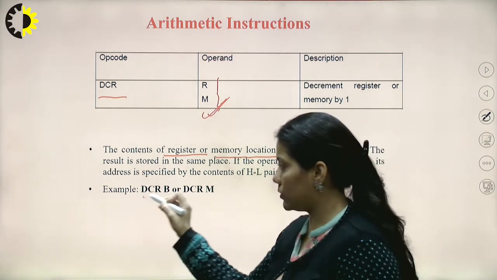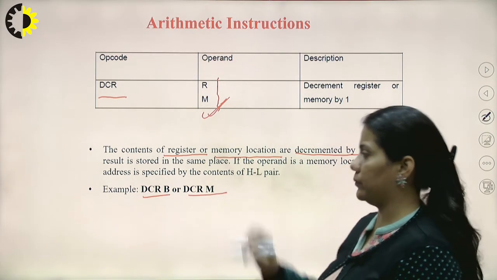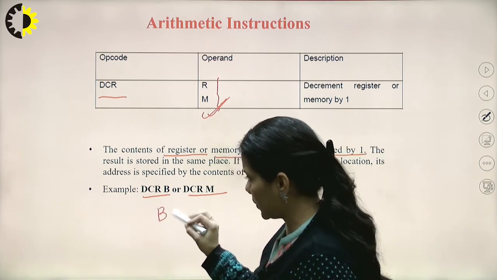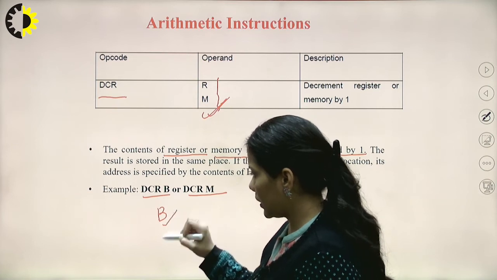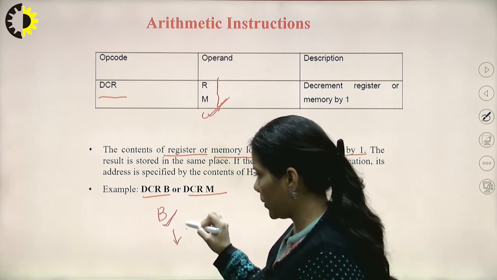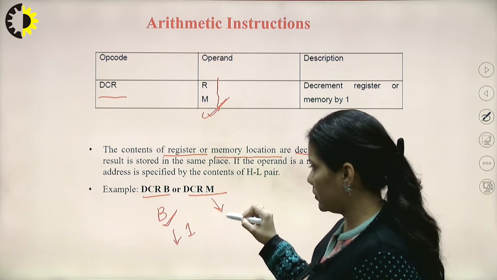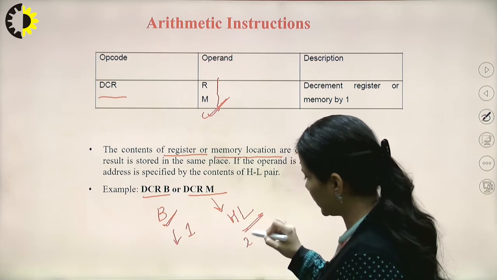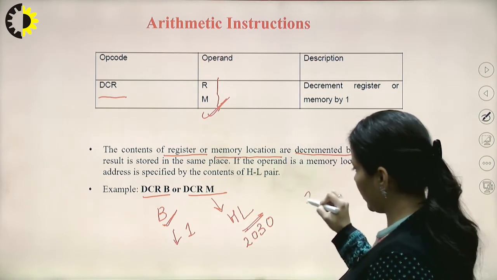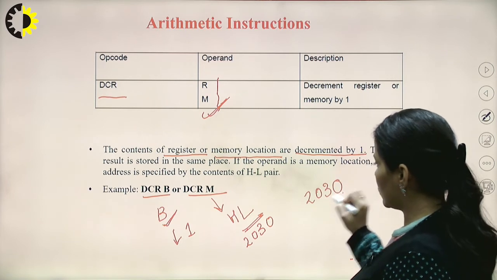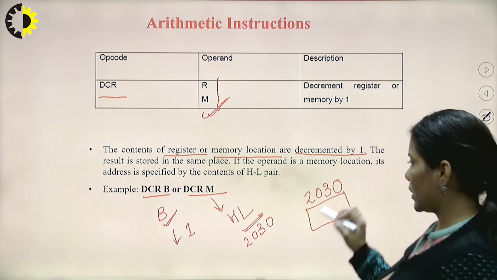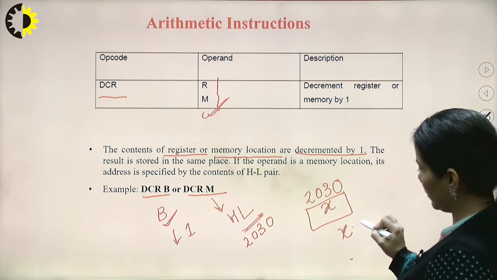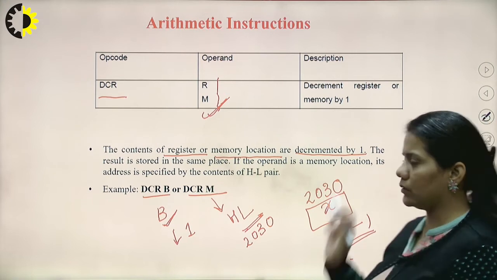DCR B is an example, or DCR M. DCR B means the contents of the register B will be decremented by 1, and for M, the contents of the memory location pointed to by the HL pair, whatever data is stored at this location, will be decremented by 1. The result will be stored at the location itself.